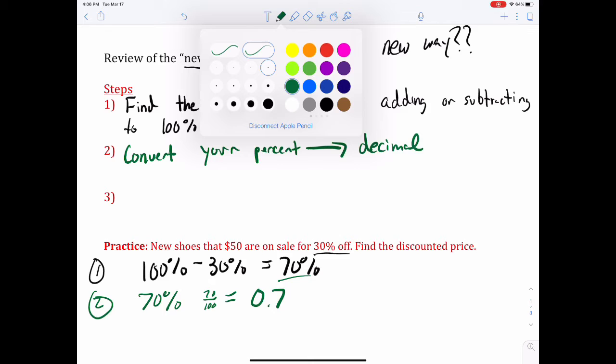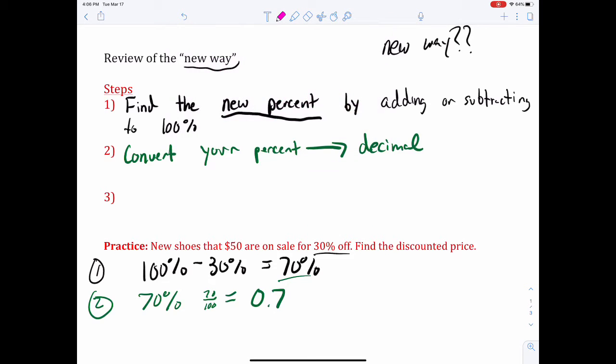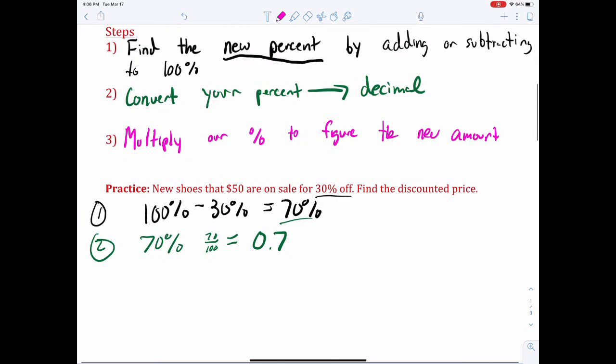And that leaves step 3. We're going to multiply our percent to figure out the new amount, the new price, whatever it may be. So step 3 at work in magenta.